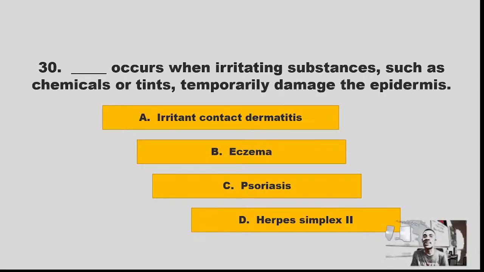This one says herpes simplex 2. Irritating substances such as chemicals or tints. Let's give you a few seconds to think about that. Okay, here it is. If you chose A, irritant contact dermatitis, then you are correct. Let's go to our next question.